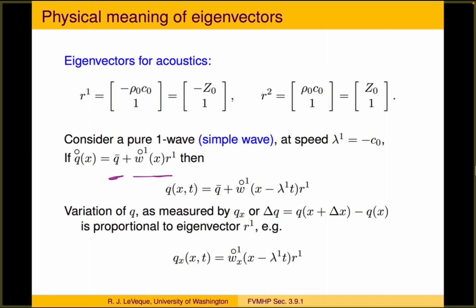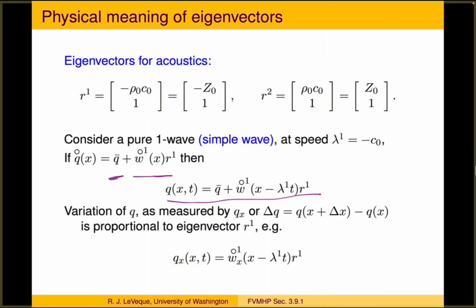Sorry, I called it q bar again here rather than q0, but this would be the state we're linearizing about, plus some small perturbation that's only in the direction of r1 at every point x, maybe varying with x, but always in the direction of r1. Then the solution at x,t is simply q bar plus w1 propagating at speed lambda 1 times r1 at all times.